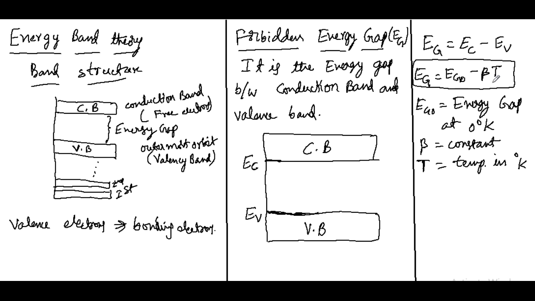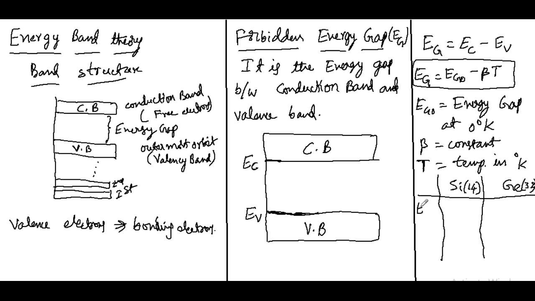Now I will write the standard energy gap values of a few materials, like silicon and germanium, because from now onwards we have to use these atoms. Silicon atomic number is 14 and germanium atomic number is 32.